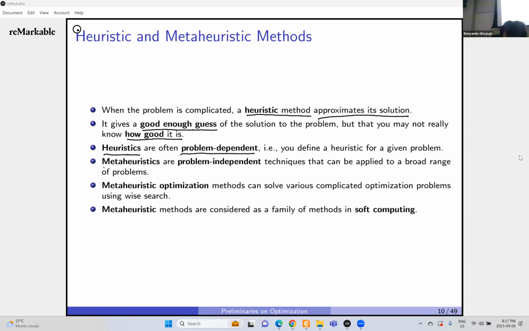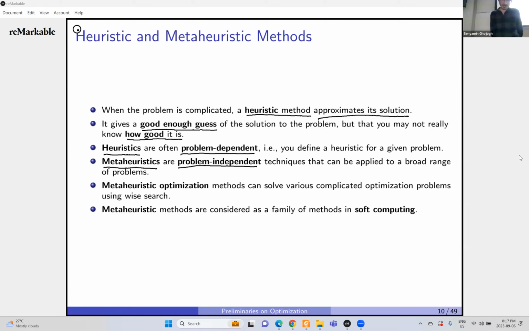However, metaheuristics are problem independent and can be applied to a broad range of problems. So they design some metaheuristic optimization algorithm and they don't care what you want to use it for. That's why they call it meta-heuristic.